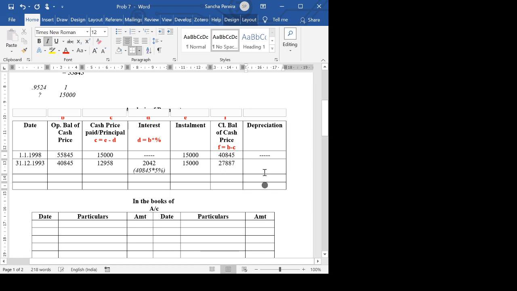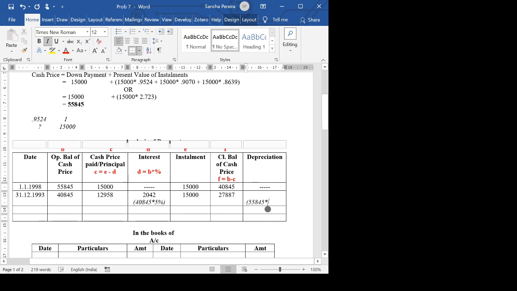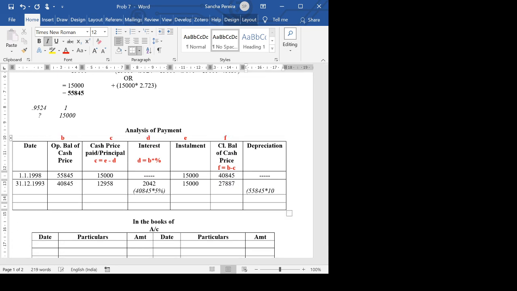Now how is depreciation going to be calculated? What's the cash price? Depreciation is always calculated on cash price. 55,845 into the percentage of depreciation. The percentage is 10% per annum. We have used the asset for the full year, 1st January to 31st December, so there's no need of period.